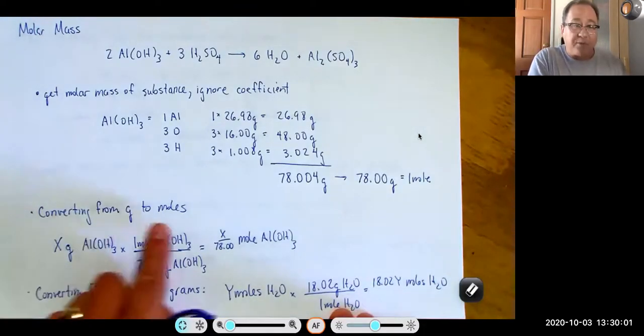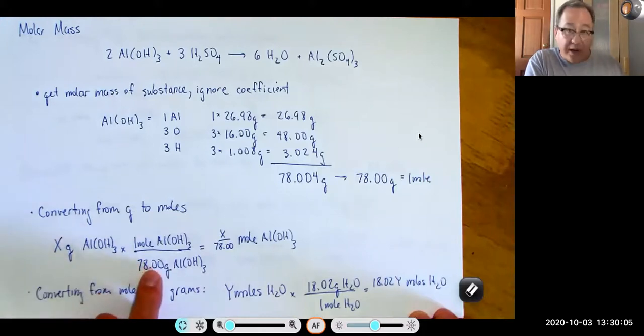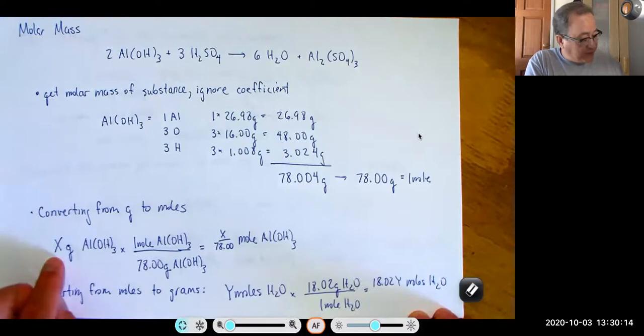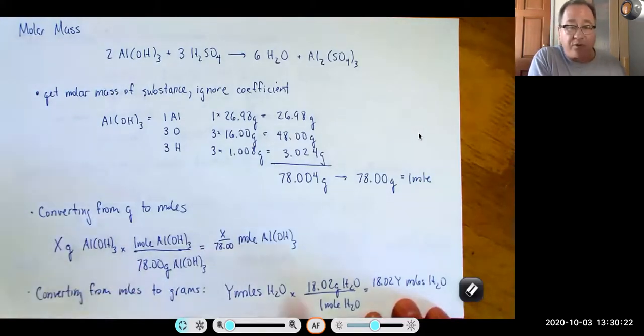Converting from grams to moles, you start off with grams and you multiply by the molar mass, where the grams is in the bottom and the moles is in the top, so that things cancel. And here, if X happened to be 156 grams, if we plugged it into this formula, we'd end up with 2 moles of aluminum hydroxide.